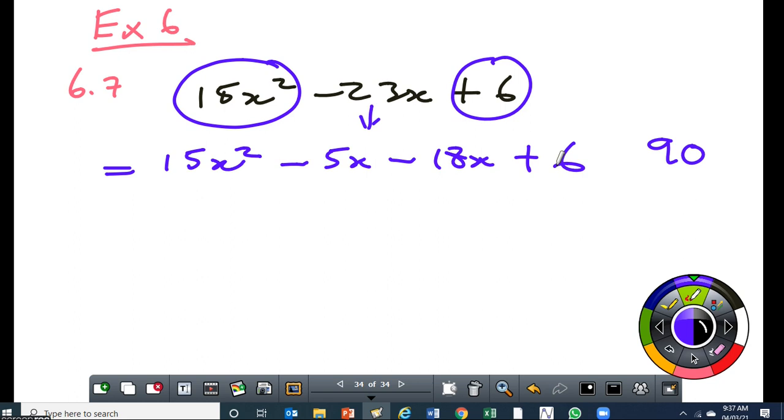I started with the minus 5x first because minus 5 and 15 share a common factor. Also, the minus 18 and the 15 share a common factor, but I chose to start with the minus 5.